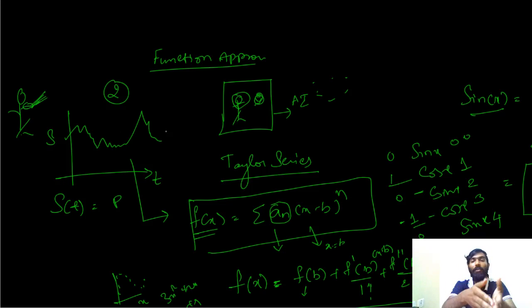At time t0 I have this parameter giving me some x value, at time t1 I have x1, and at time t2 I have x2 value, and so on. I have an array of time and an array of signal values, and I want to find out how the signal is varying with respect to time, and what function it is following, right?